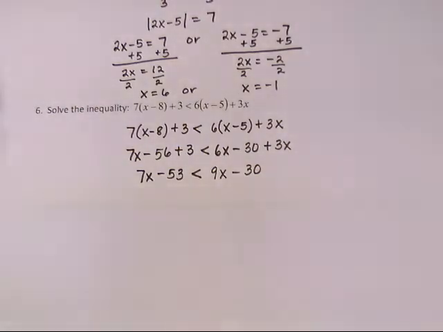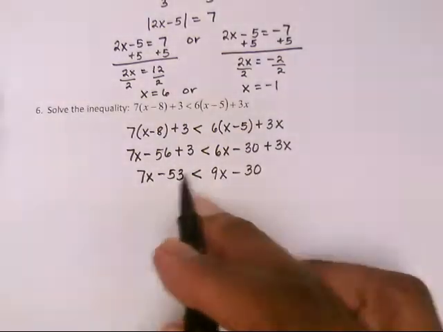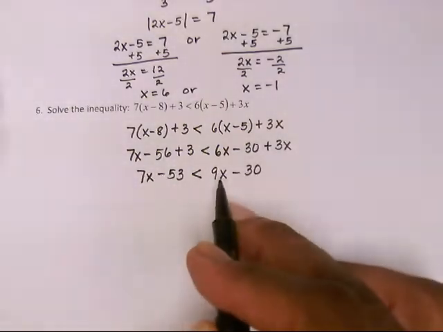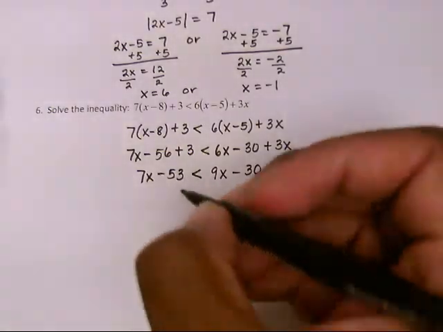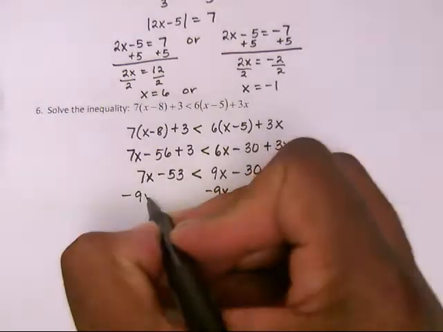Okay, now what I'm going to do here is get all the variables on one side of this inequality and the constants on the other side. It would be much easier to move the variables to the left-hand side. So I'm going to move the 9x over to where the 7x is by subtracting 9x on both sides.